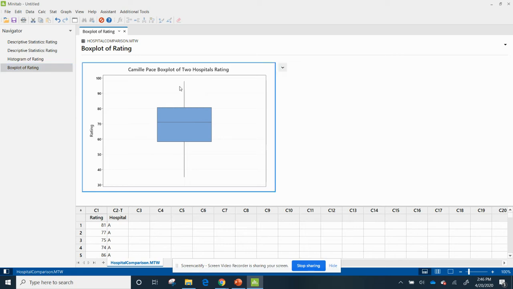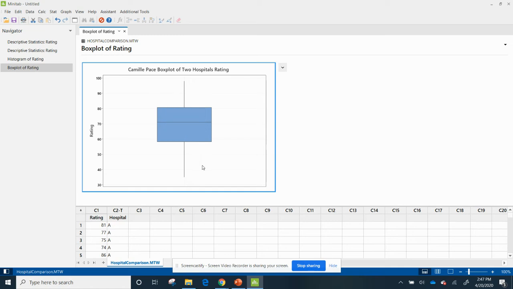What it is, though, is Q1, median, Q3 gives me my IQR, and it tells me my whiskers. So yeah, basically it did give me my 5-number summary. Whiskers are these. 35 is here. 98 is here. It's called a box plot, a box and whiskers plot, but it gives you all the information. I don't have to run anything else.